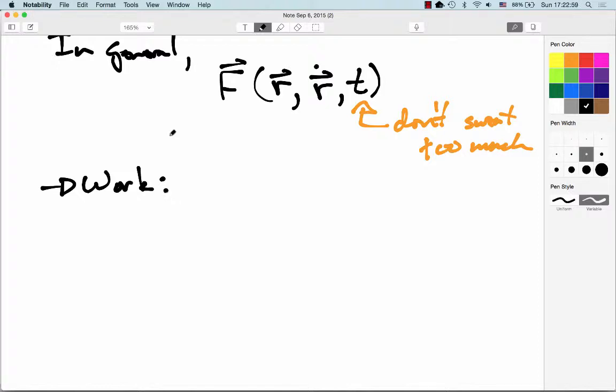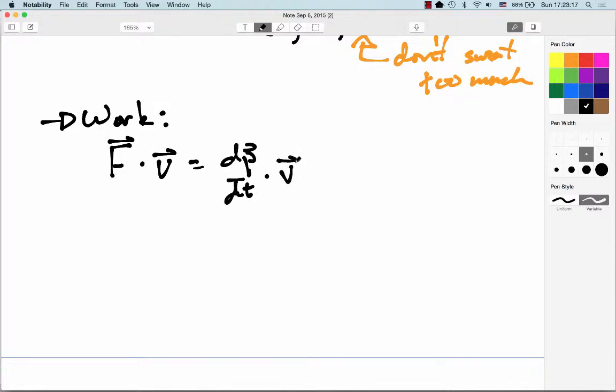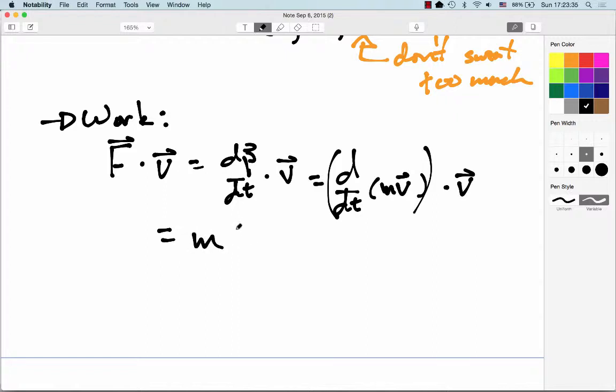So let's go ahead and remember how we found our kinetic energy. The power is equal to F dot v, so that would be dp/dt dotted with v. But that would be d/dt of mv, which we dot with v. We can pull the m out of the derivative if we want, so we'll have m times v dot, dotted with v.